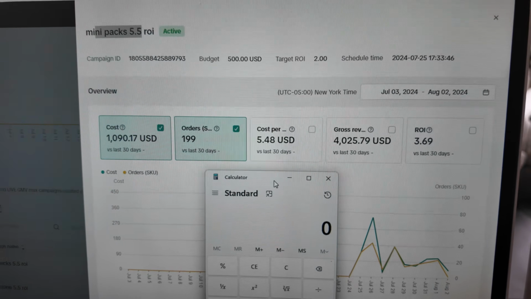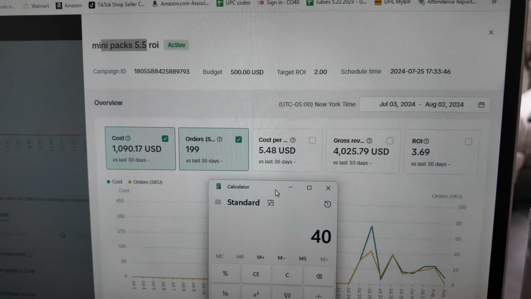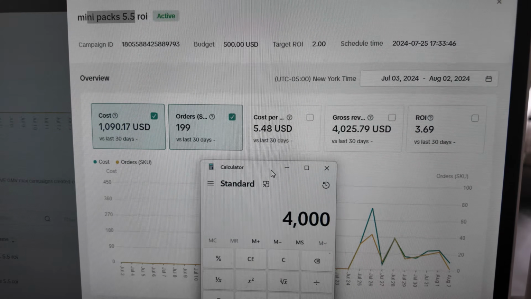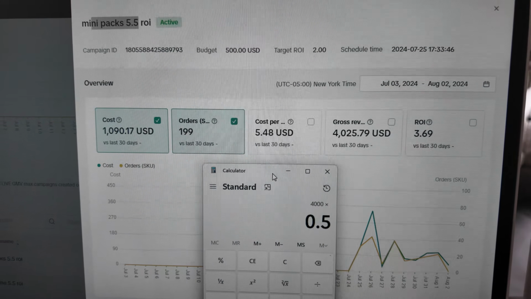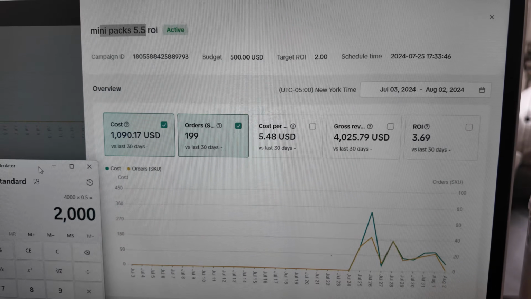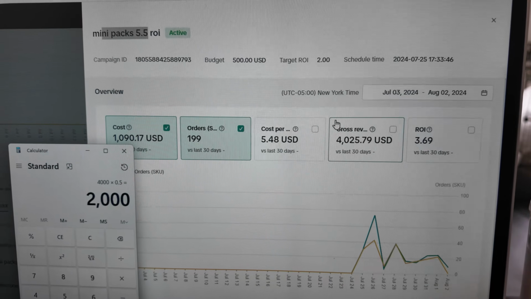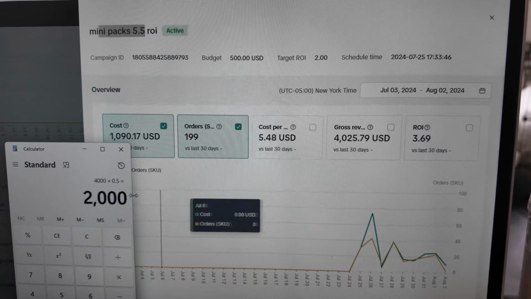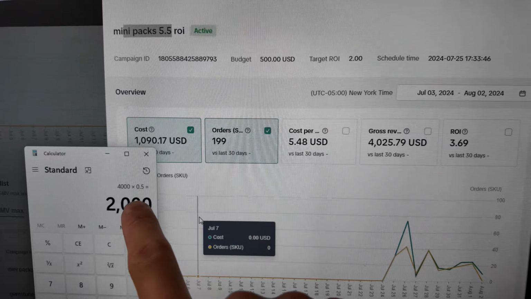So what this means is, if you take, we're just going to do $4,000 and multiply that by 50%, which is 0.5, that means my net on this $4,000 in sales is $2,000, right?